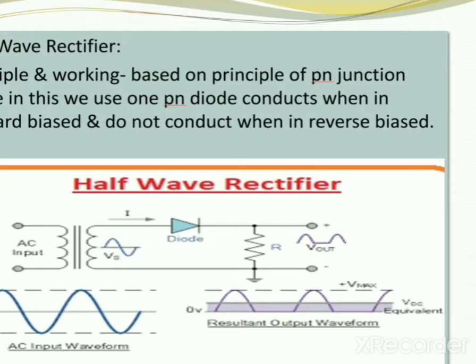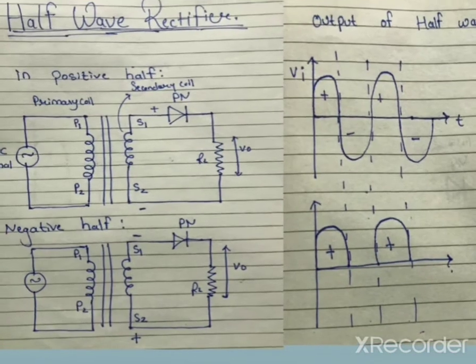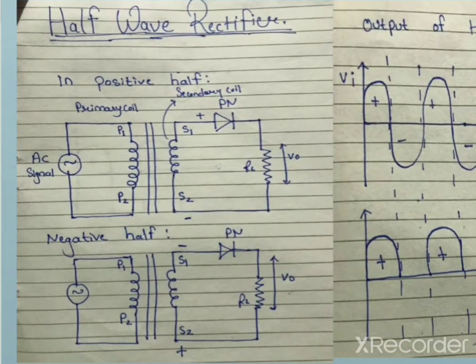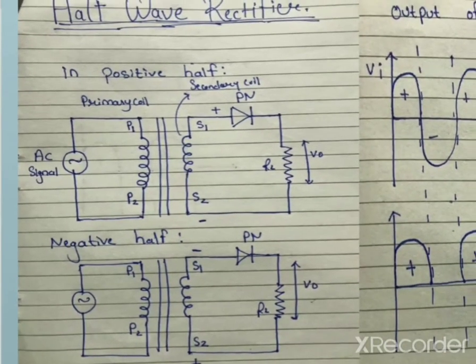So now you can see in another diagram, in the positive half of the half wave rectifier, there is an EMF generated in the secondary coil. So now the working is, here is S1, which is the secondary coil, and P1 P2, which is the primary coil.